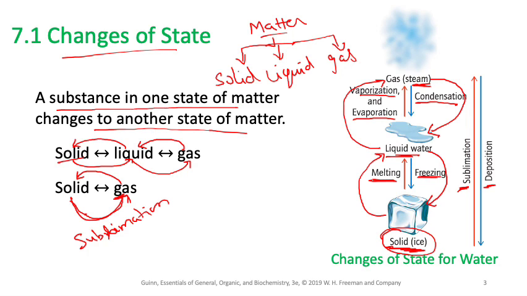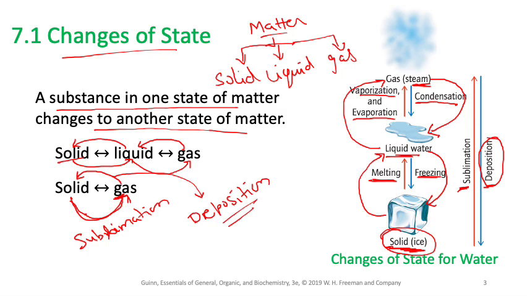And then if the gas can directly come back in a phase change to a solid, we call that process deposition. So make sure you know all the definitions, all the processes in this diagram, because this will be helpful.